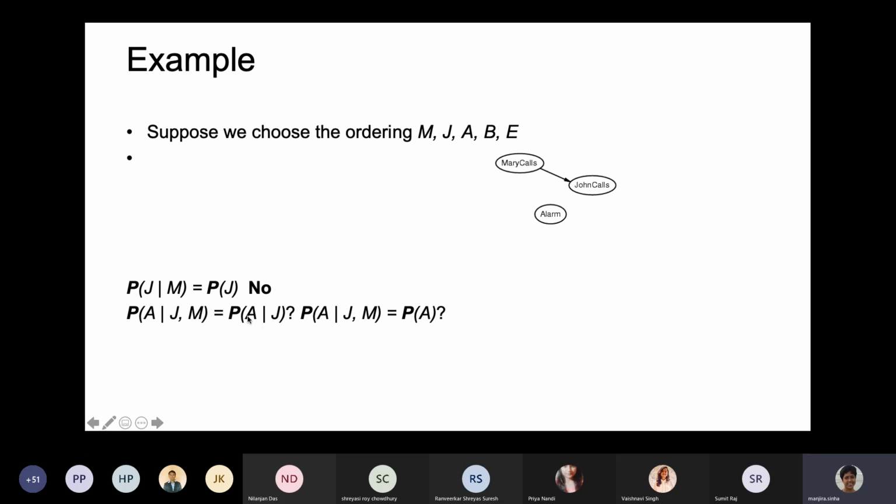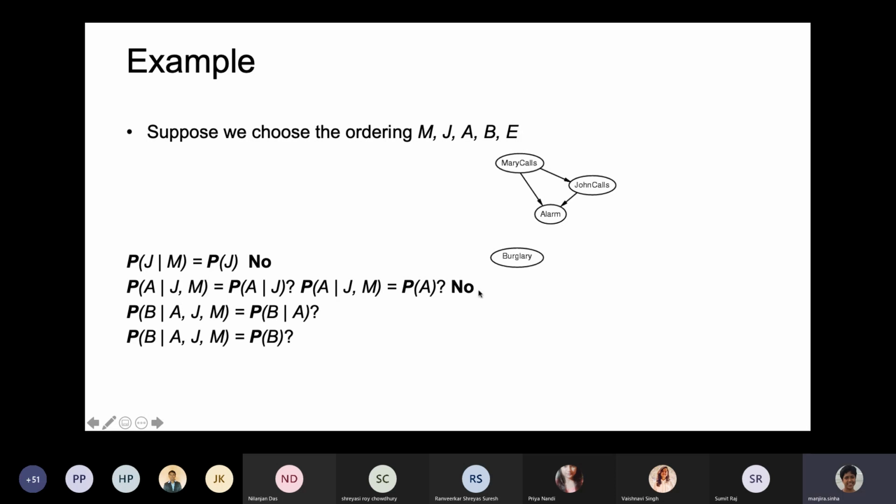That means the alarm is independent of Mary calls, and whether the probability of alarm given John and Mary is equal to the probability of alarm. That is, alarm is independent of both John and Mary. It is no. So we add both Mary calls and John calls as the parents of the alarm.